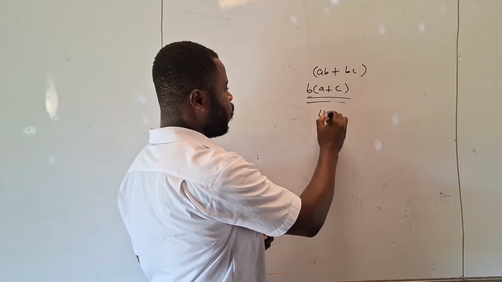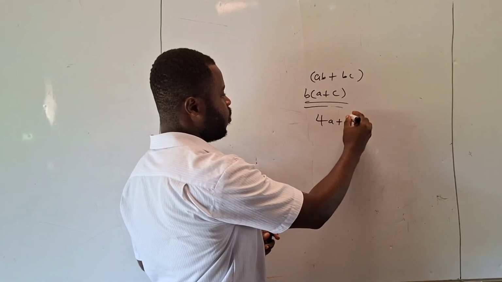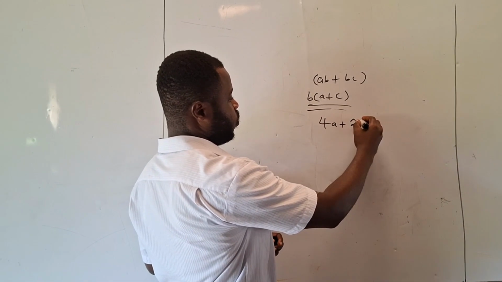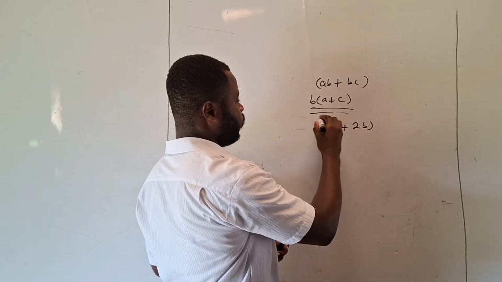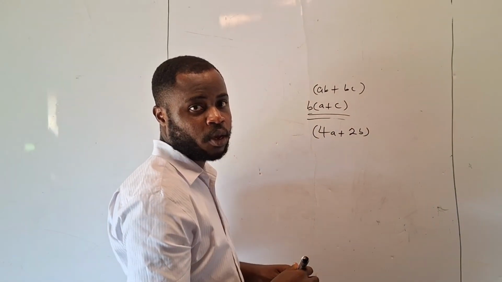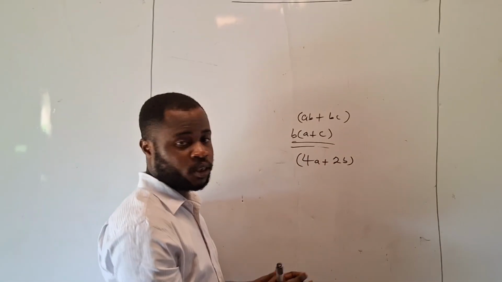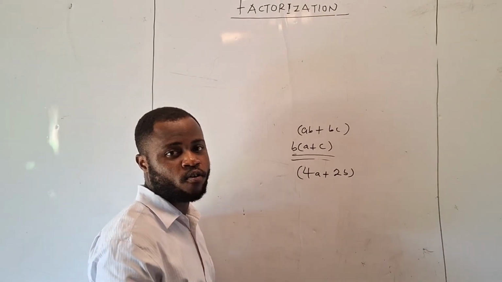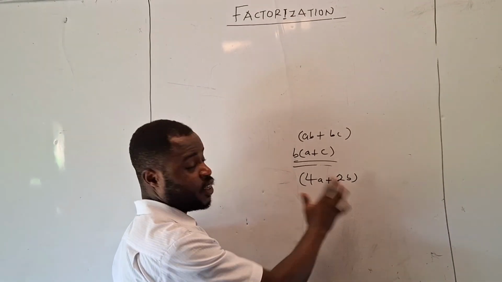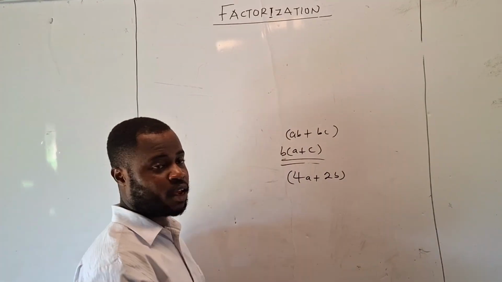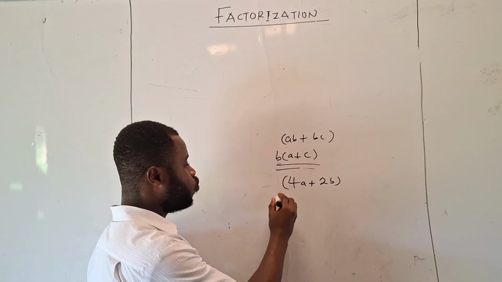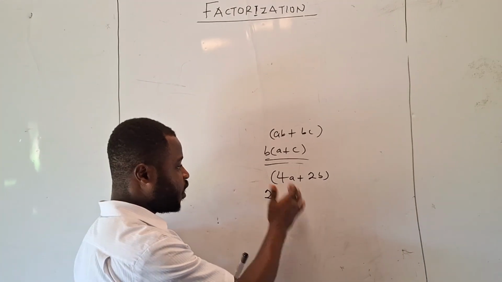Again, if I have 4A plus 2B, and I'm to factor this out, because there are numbers, normally we pick the highest common factor that can go into the first and the second number. The highest common factor for 2 and 4 is going to be 2. Then you check the letters.